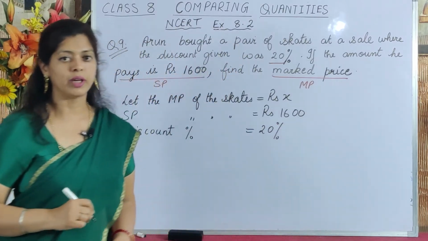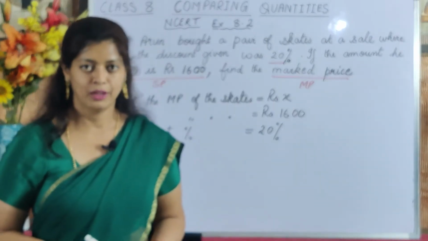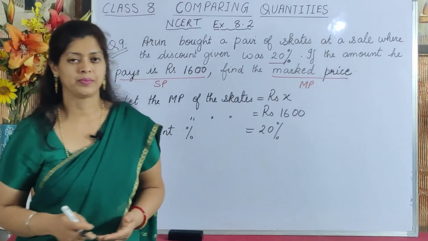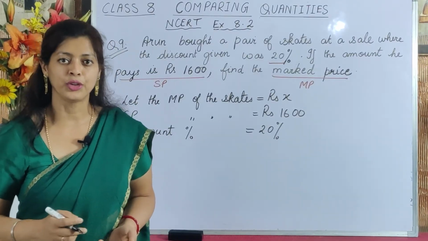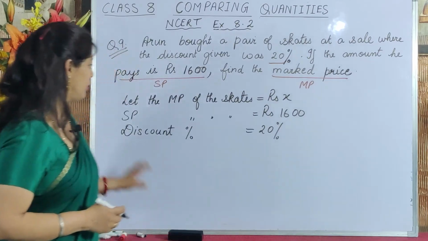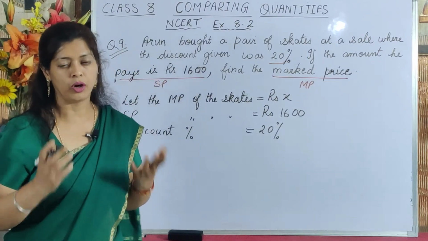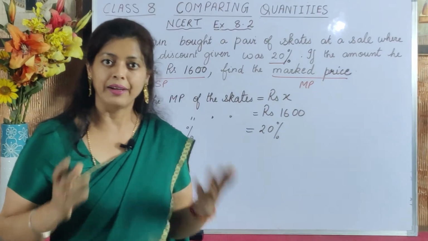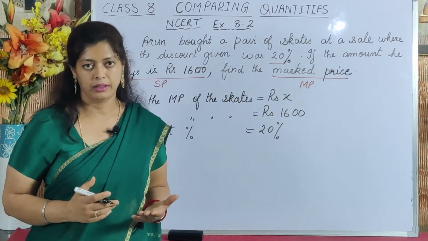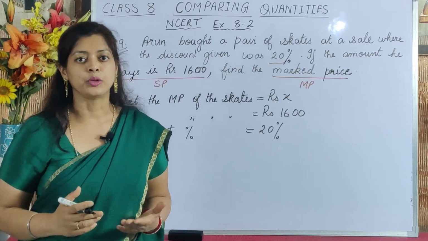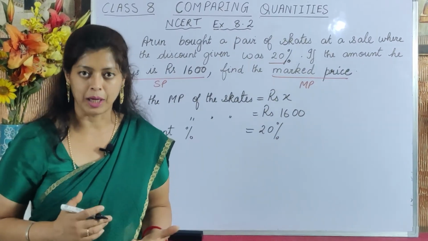Now you can solve this question in two ways. First I'll show you the easier method. Now if we consider the marked price or the original price of the item as 100% and if 20% discount is given to the buyer, that means the buyer has to pay 80% of the marked price.